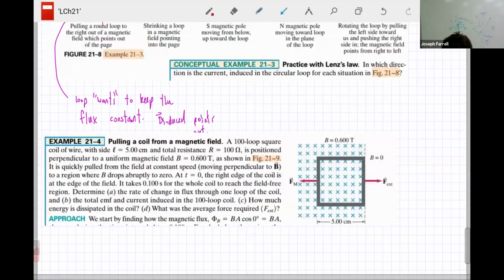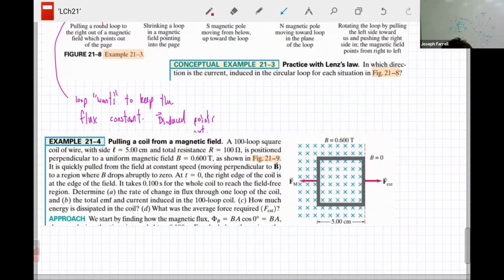So I want to do example 4 now, pulling a coil from a magnetic field. And so here we have a magnetic field, and let's say there is a coil here, and let's say I try to pull the coil out. We're going to find that there's a kind of feedback loop. As I start pulling this, the flux changes. As the flux changes, a current is induced.